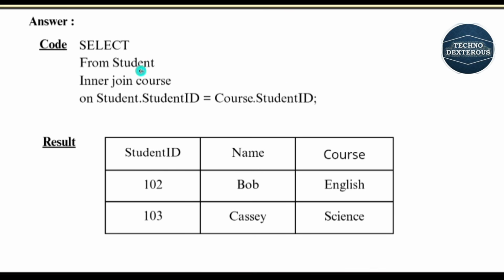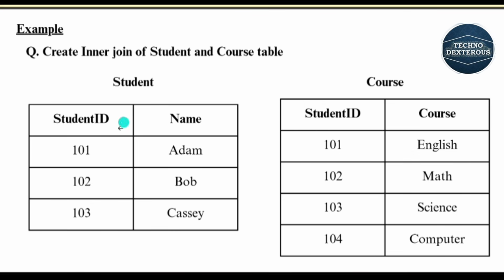It provides only those records which are common in both tables. Here we can easily see that 101 is common in both tables and 102 is common in both tables.